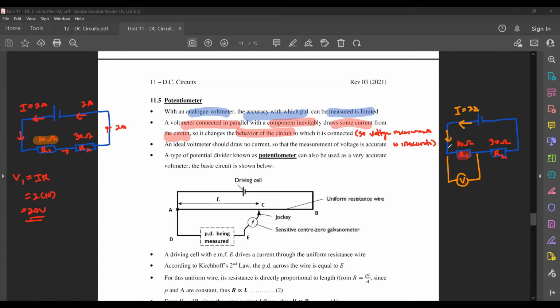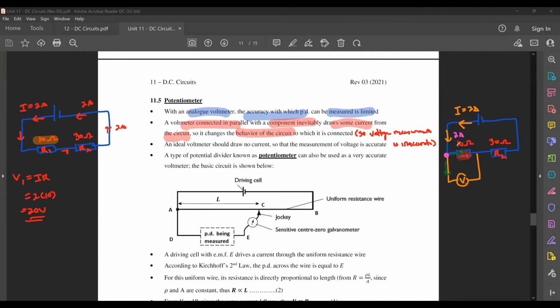It flows, but then after that, it will reach a junction, which is this part here. Your voltmeter here can now allow current to flow. So what happens here, according to Kirchhoff's first law, is that once this current of 2 amps hits this junction, it will tend to split up.